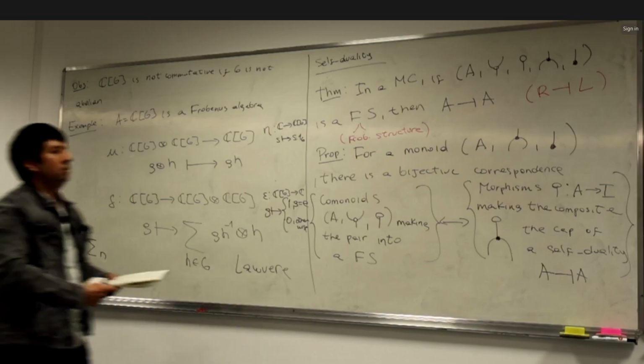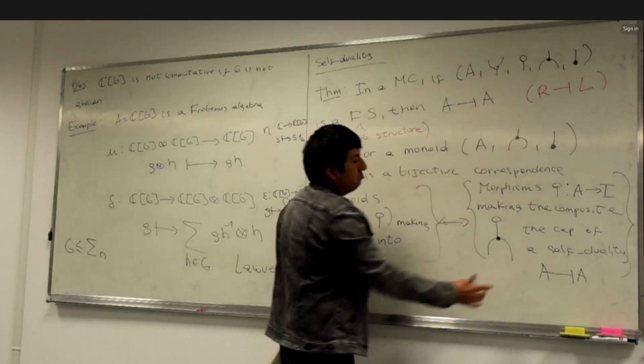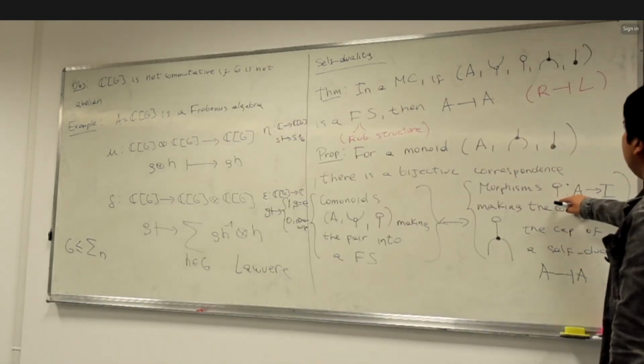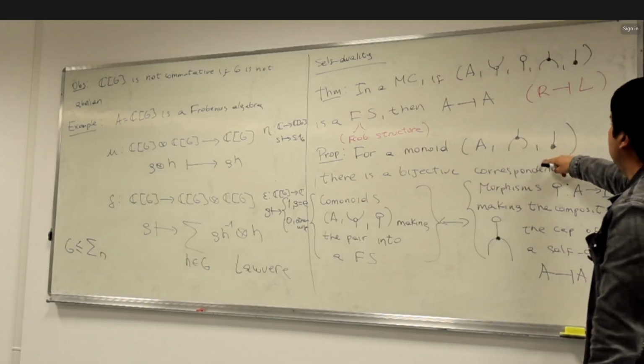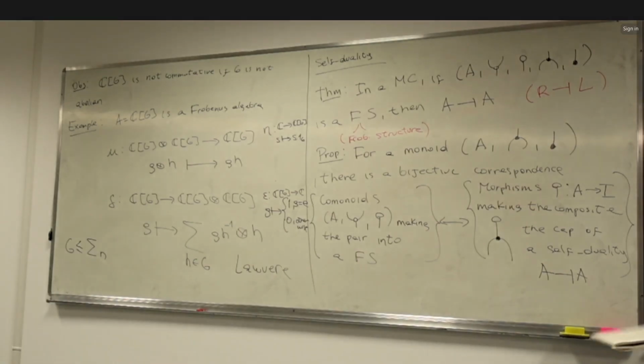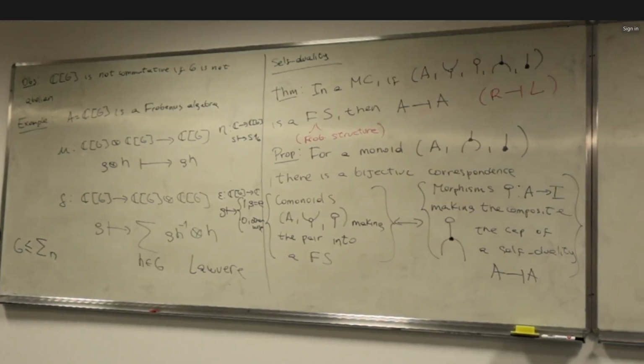Okay, as I said, thanks to this proposition, we can see this set of morphisms together with this monoid structure as an alternative definition of Frobenius structure. And that's exactly the kind of algebras in Frobenius's work, and that's the origin of the name.